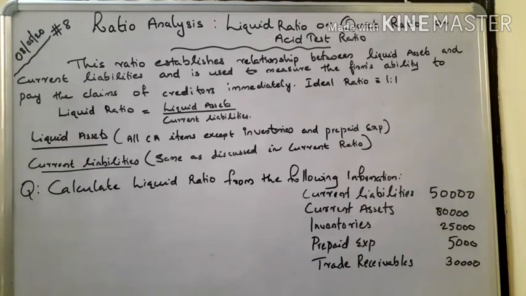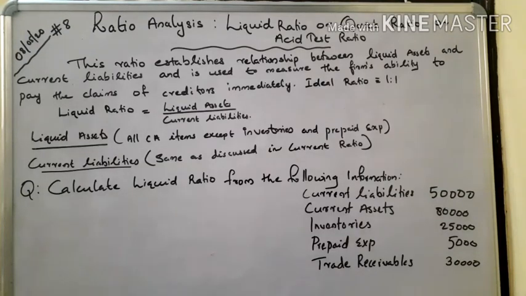In this video, I am going to show you how to calculate liquid ratio, or quick ratio, or acid test ratio. First of all, we understand what liquid ratio is and how it is different from current ratio.